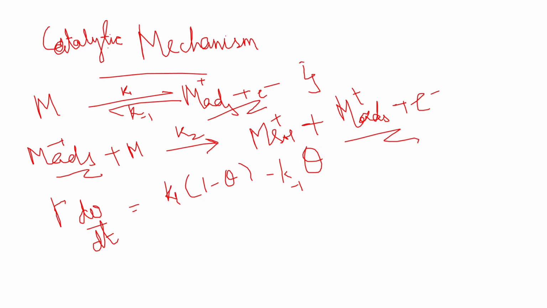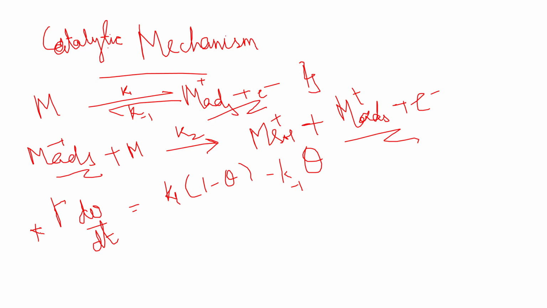This is a mistake that everyone can make. Someone will write K2 into (1 minus theta) into theta, but that's not correct. In the second step, M adsorbed is used up and again formed, so there is no consumption of M adsorbed. So this is the site balance.